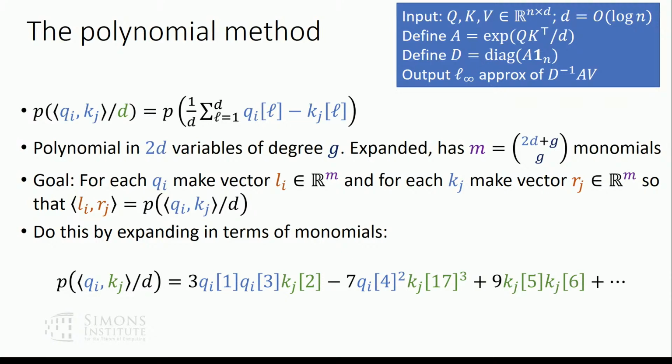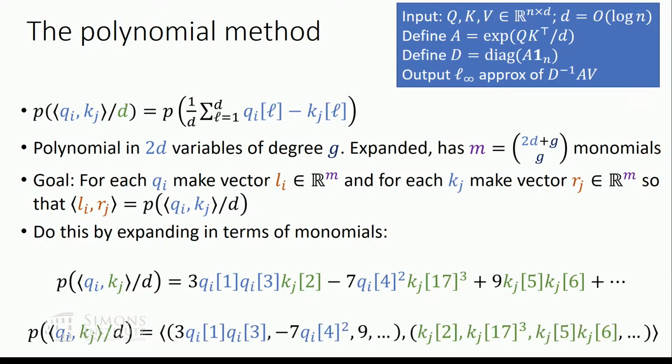And the trick is that we can write this as just the inner product of two vectors, where in the first vector, we put the q part of each monomial, and in the second vector, we put the k part of each monomial. So when you entry-wise multiply the first entry of the first vector and the first entry of the second vector, you exactly get the first monomial, and so on. And when you take the inner product between these two vectors, it's exactly evaluating the polynomial.